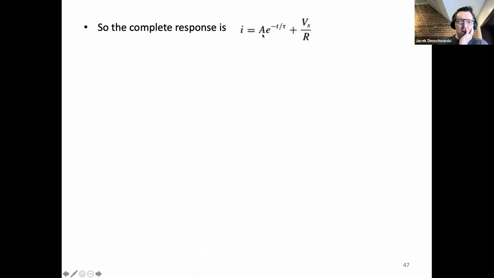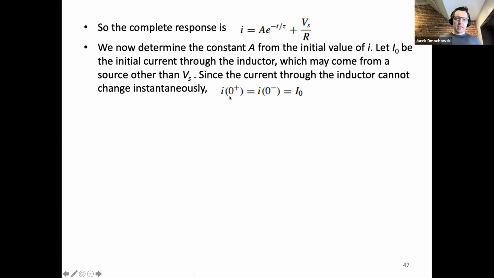So our job is to find the initial condition, the constant A, and the time constant tau. An inductor has to obey continuity of current. So the value of the inductor current right after time zero has to equal the value of the inductor current right before time zero. This equation is a statement of continuity.